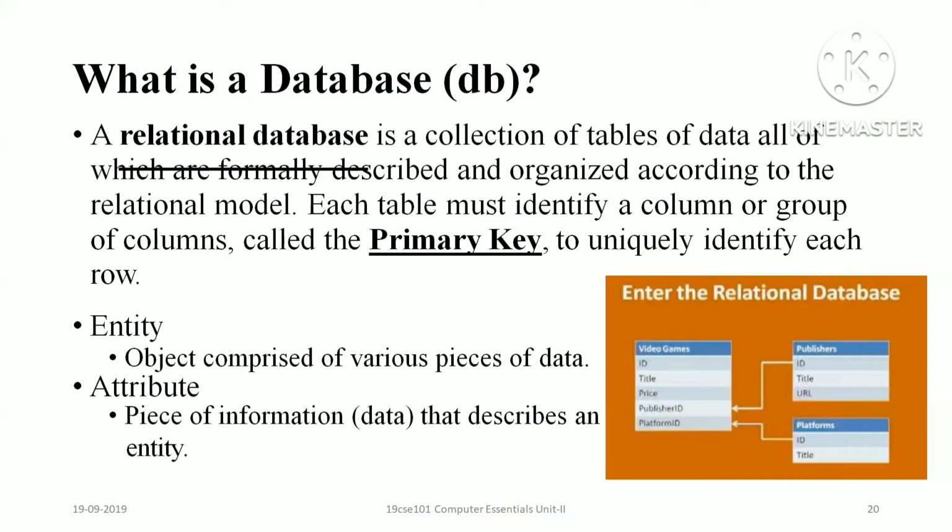Now again, I'm repeating this. We are a student. So a student is the entity. And what are the properties of a student? What we have are the attributes. For example, we have a student ID, a student name, their address. These are the attributes. Understood?